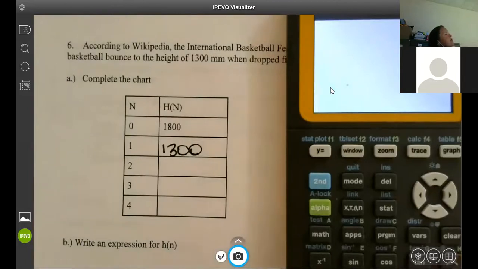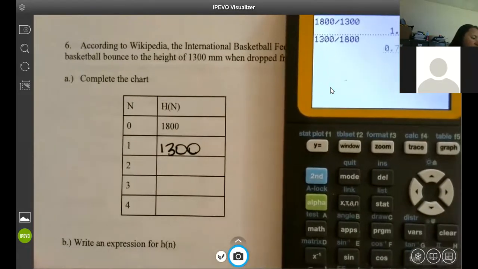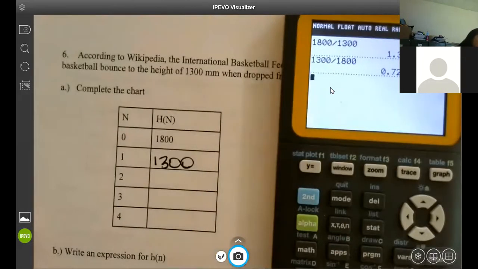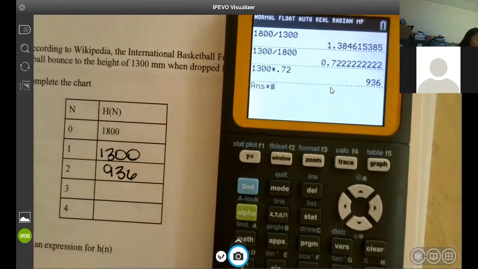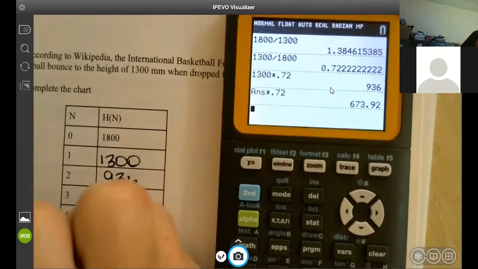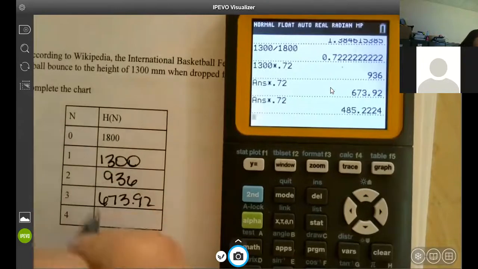So we're going to do 1,300 divided by 1,800 and get 0.72, so about 72%. So 1,300 times 0.72 is, times 0.72 is, times 0.72 is.